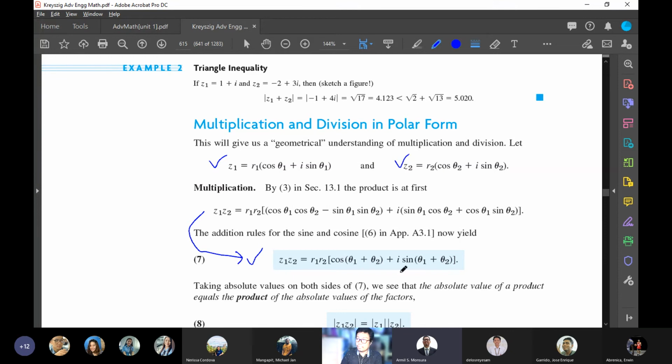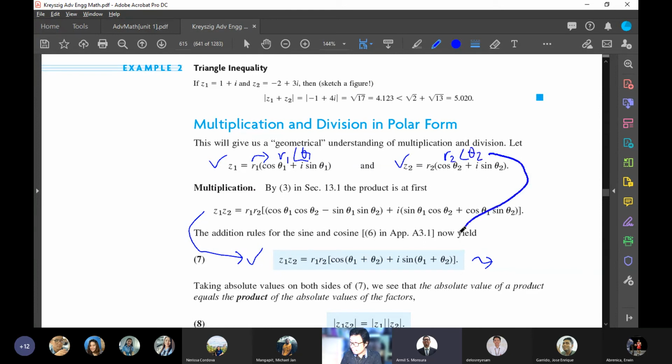Okay. So in this case, as you can see, if we reduce this, first thing, we write this in terms of its shortcut notation, that is R1 bar angle theta 1, while this one as R2 bar angle theta 2.